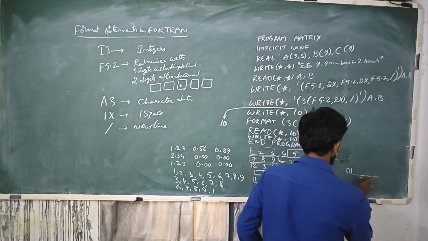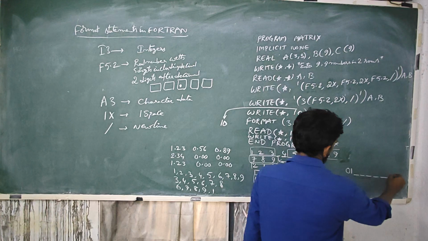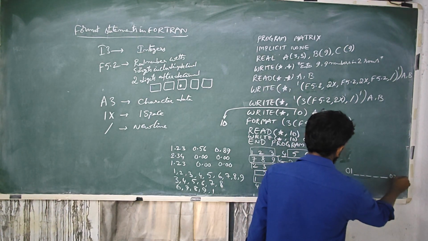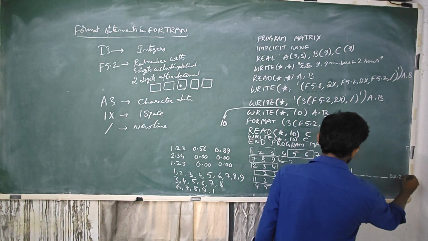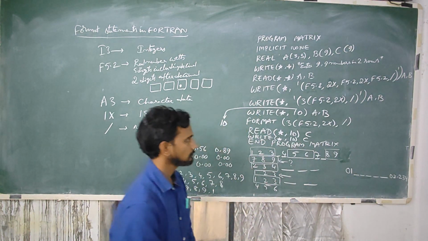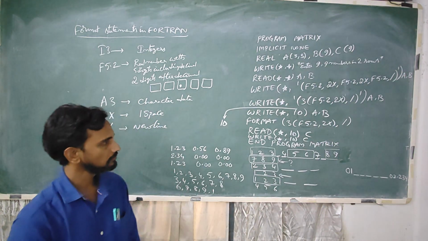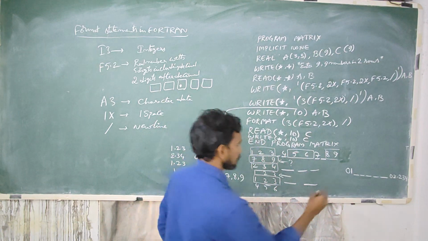Up to this, the real number block, then 2 spaces, then 0.234. Like that, just count the spaces and give.